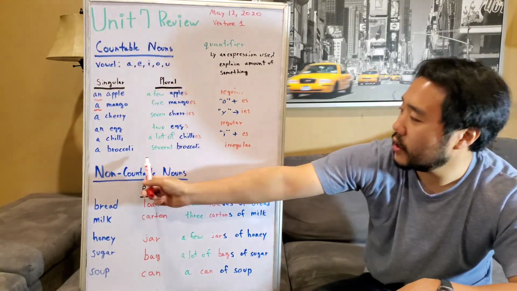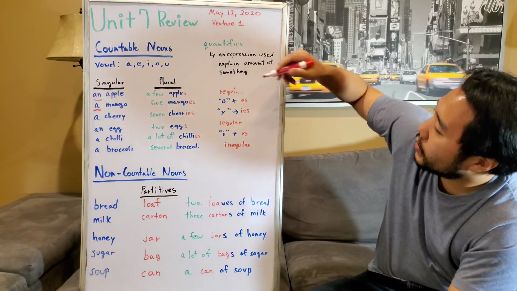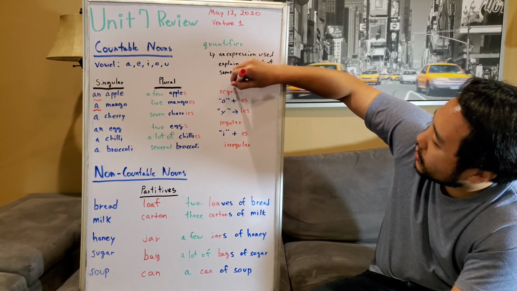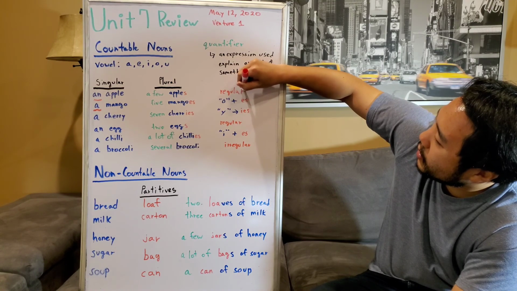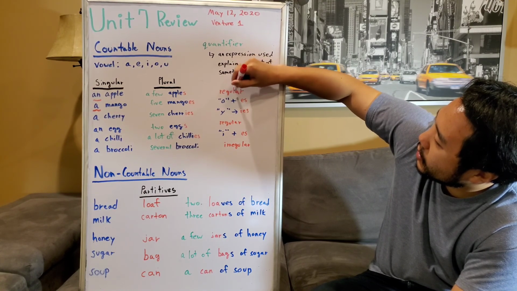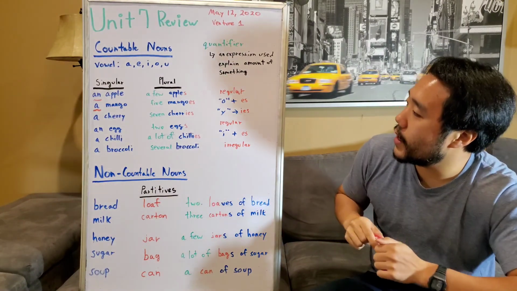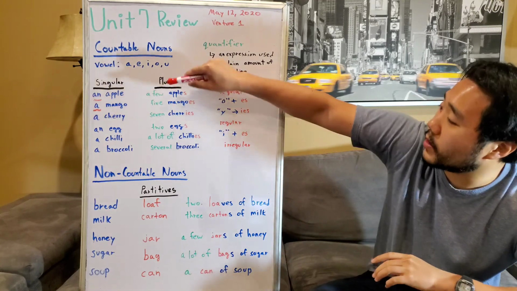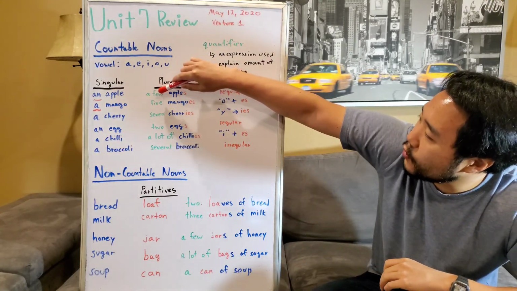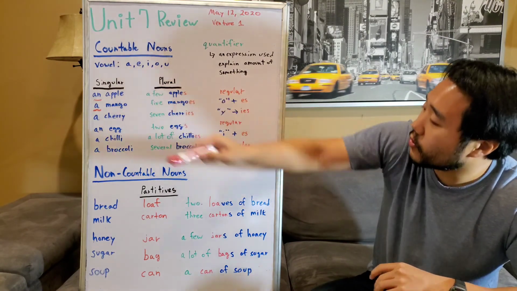A broccoli, several broccoli. So let's talk about this part: a few, 5, 7, 2, a lot of, and several.